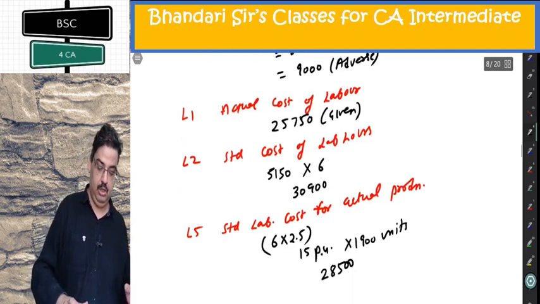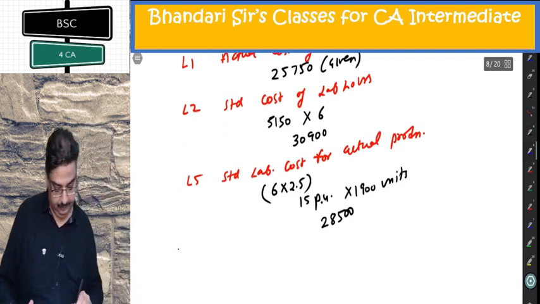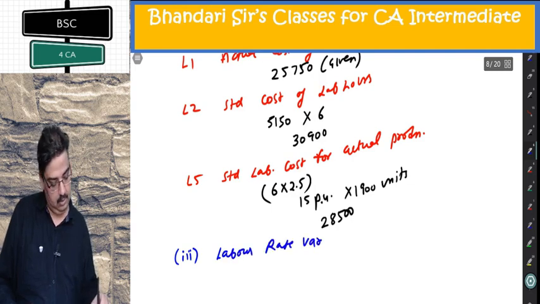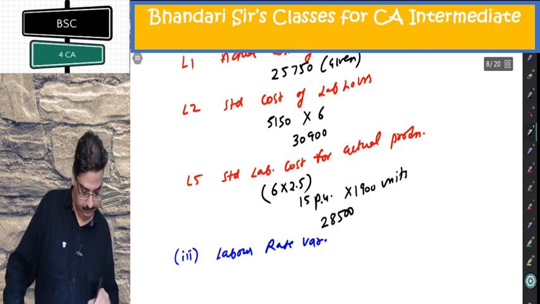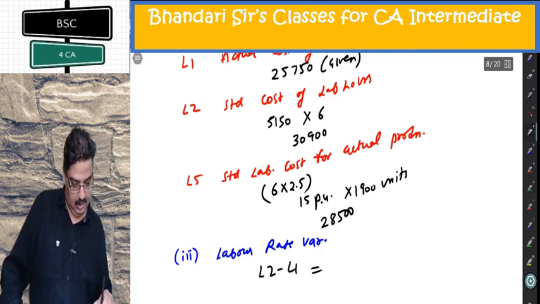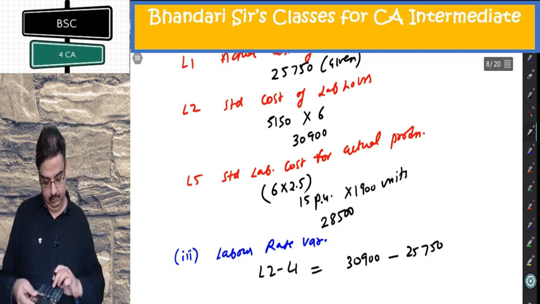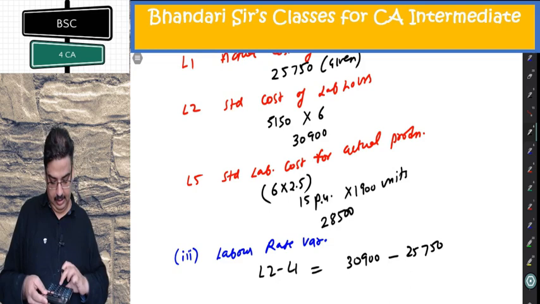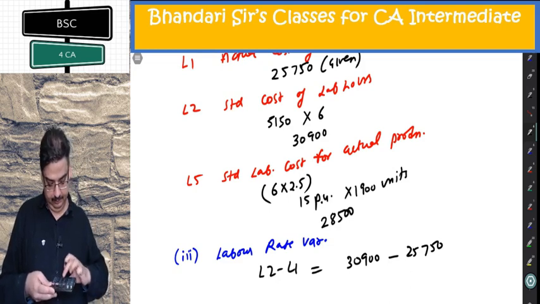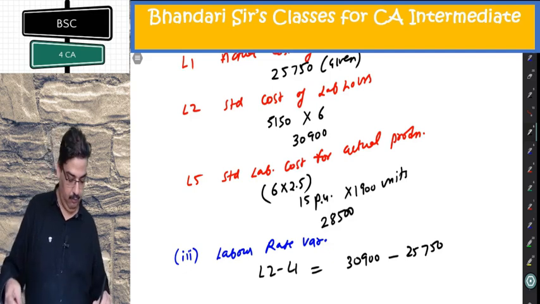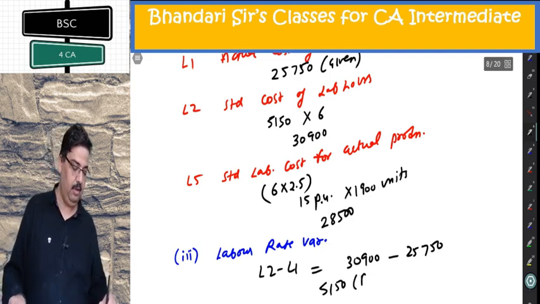So whatever the question wants, third part, labor rate variance. L2 minus L1, 30,900 minus 25750. 5150 favorable.